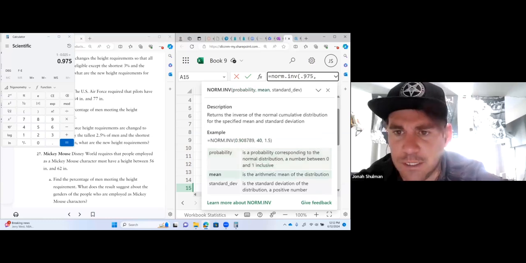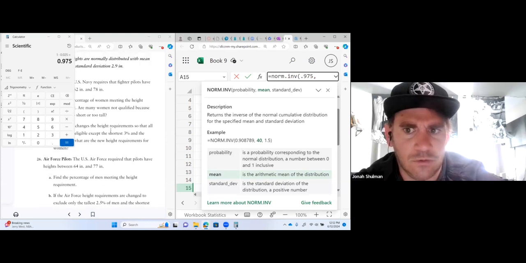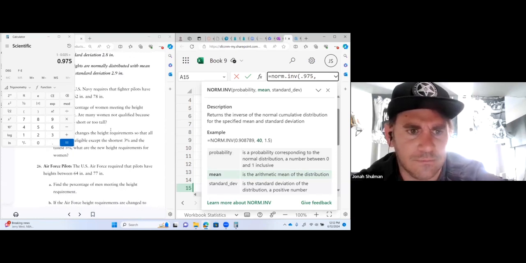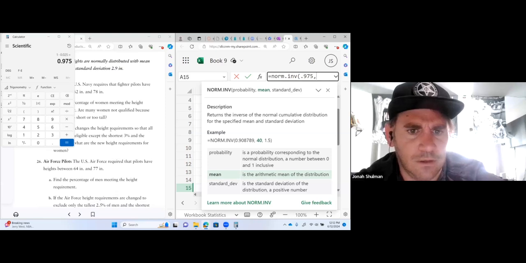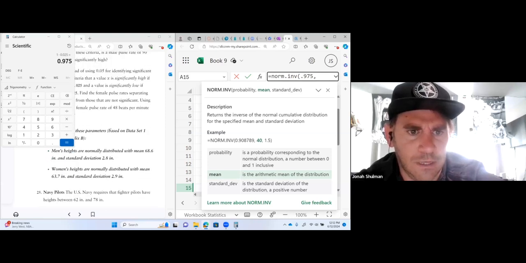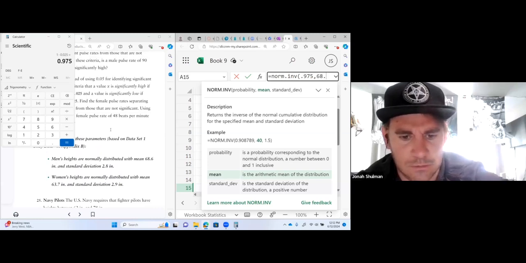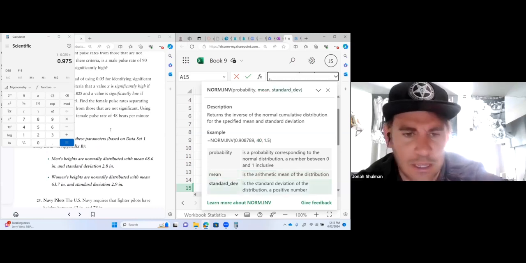We already have the other values, right? We have a mean of 68.6 and a standard deviation of 2.8.